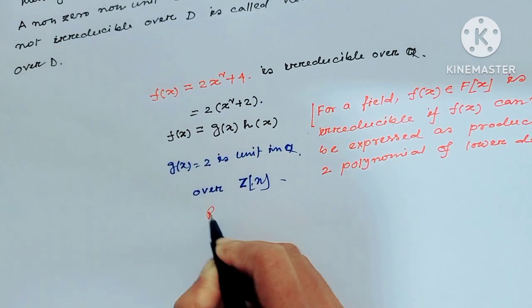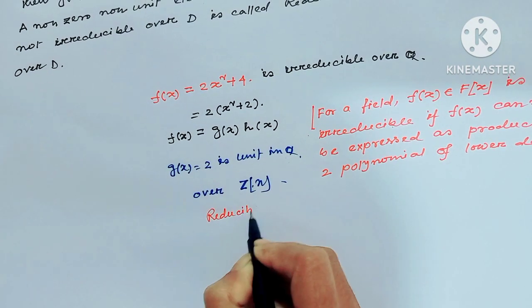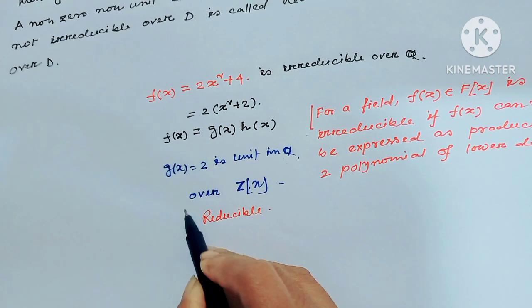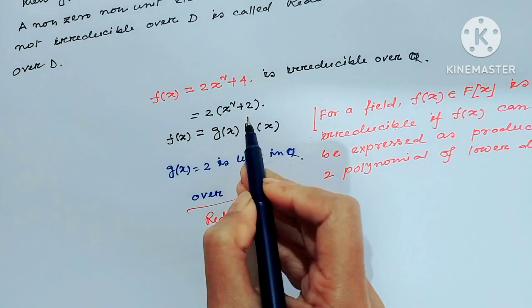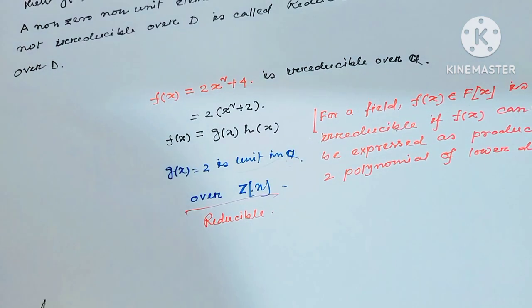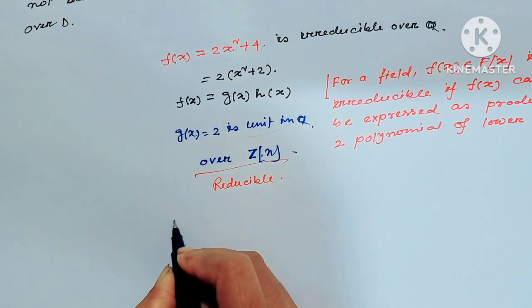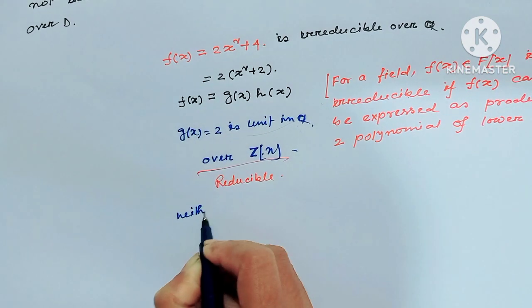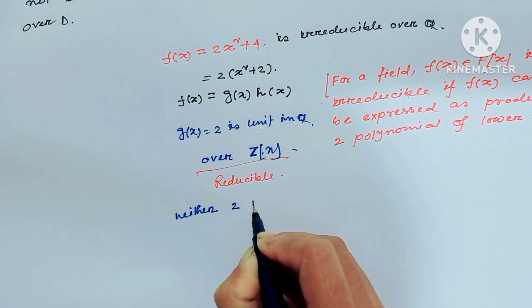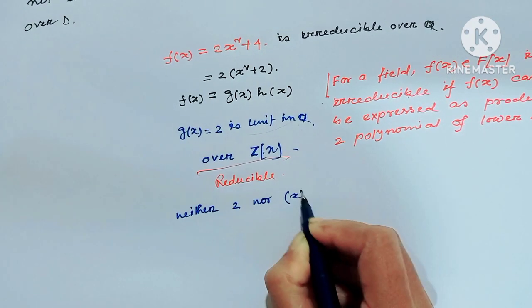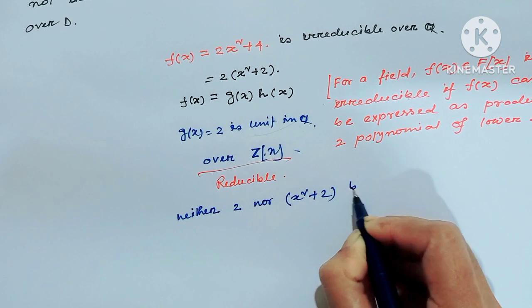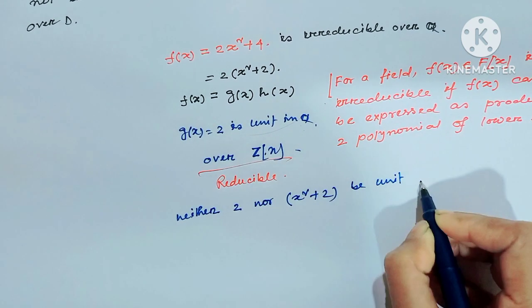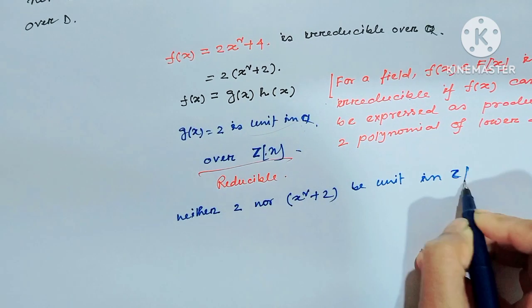Why reducible? Because 2 times (x^2 + 2): here neither 2 nor x^2 + 2 is a unit in Z[x].